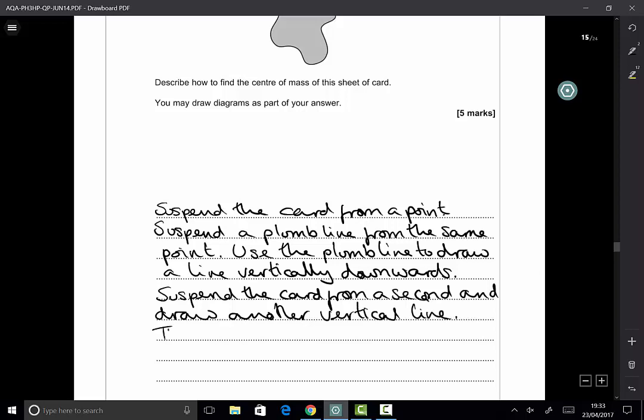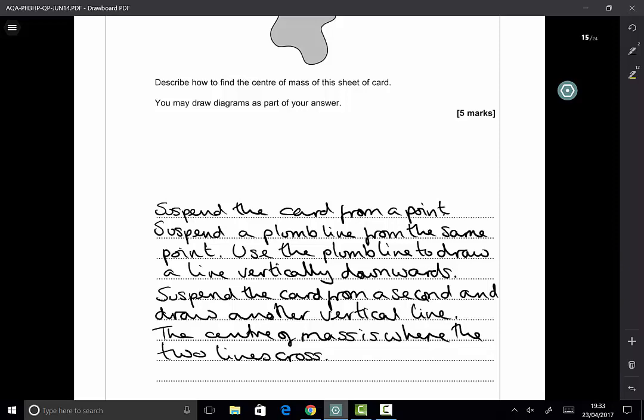And the centre of mass is where the two lines cross. Oh, I could have drawn a diagram to go with that, but my diagrams are so terrible that it's probably not worthwhile.